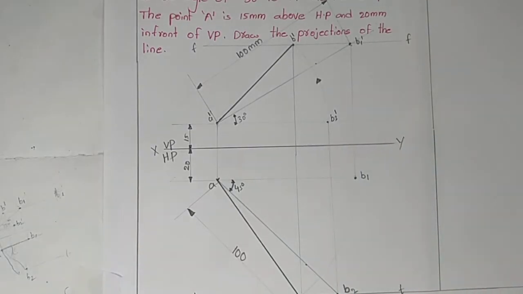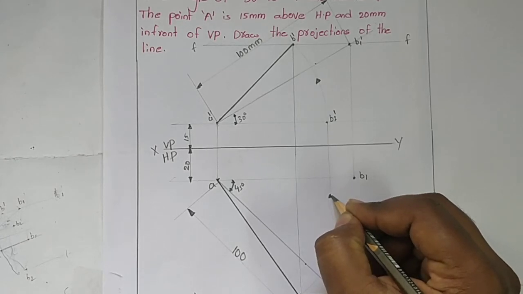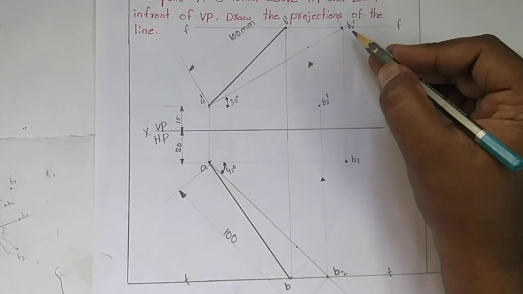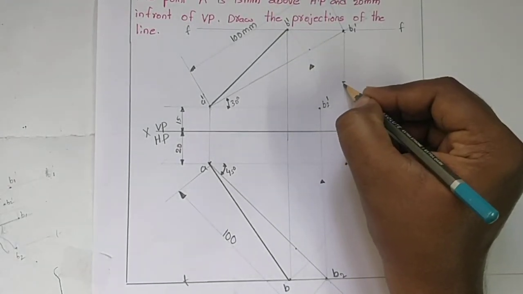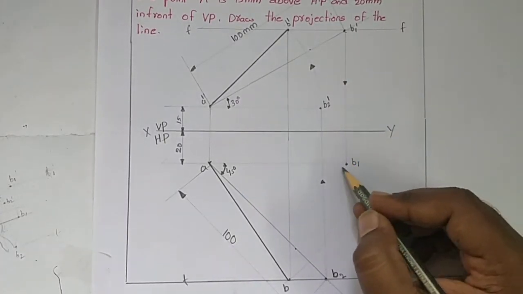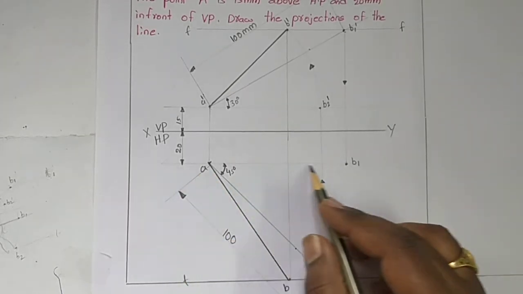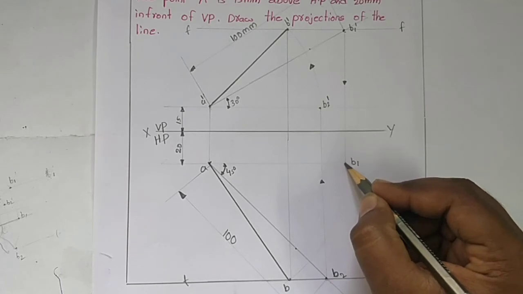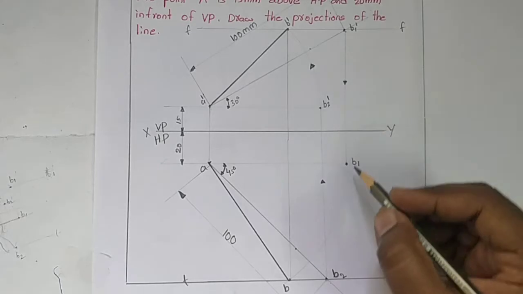Okay, next similarly we got the B1 dash point. From B1 dash we need to draw one vertical projection downwards up to the locus of A. It will intersect and we get one point, that is B1. Here in front view B1 dash, in top view B1.